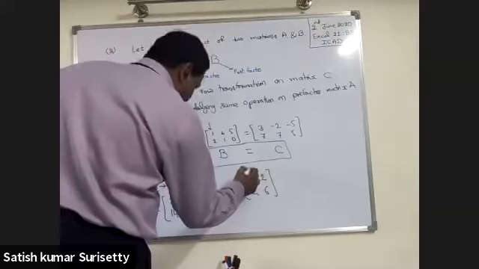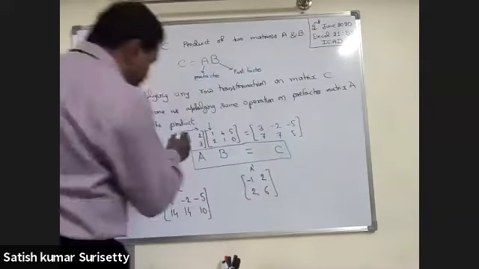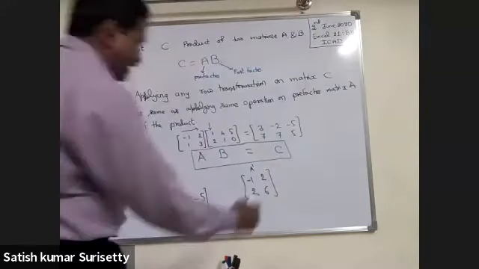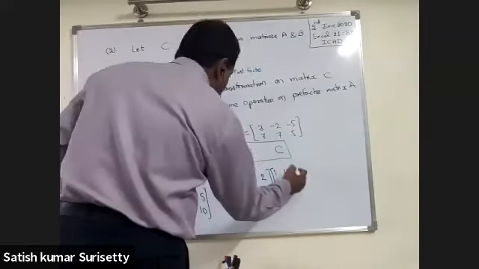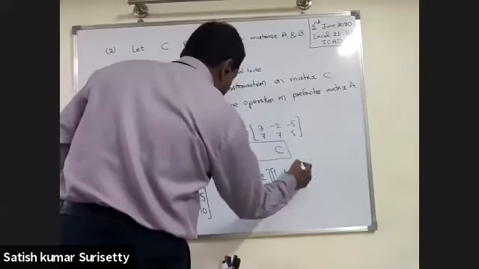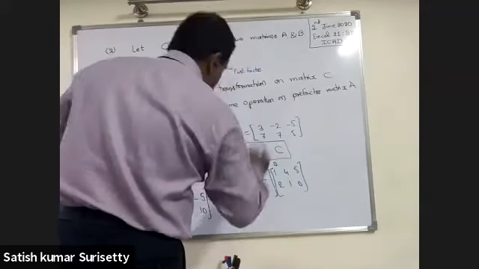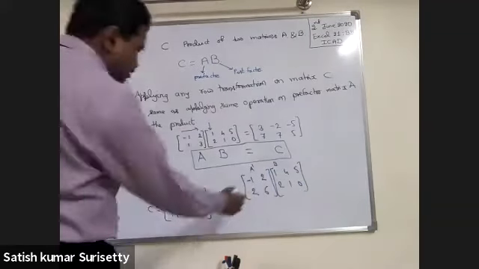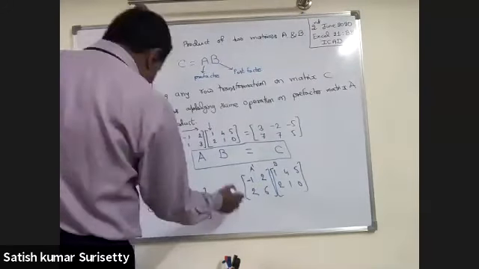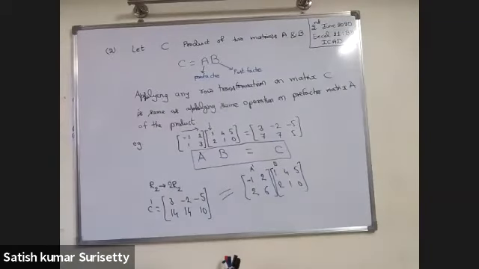This is the matrix A dash. And B will be as it is: 1, 4, 5, 2, 1, 0. Now take the product of these two and check, is A dash B same as C dash or not? Yes, sir.